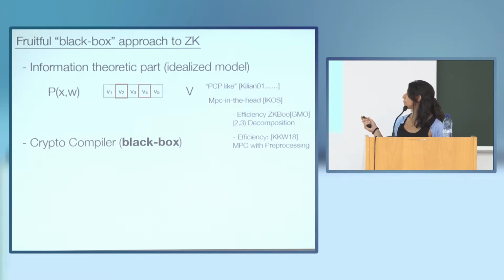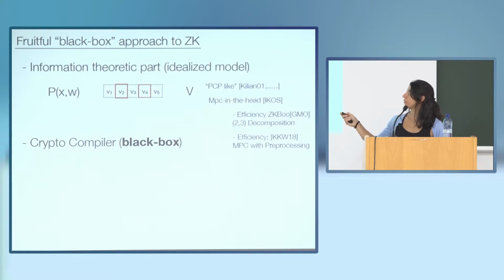And recently, for example, Katz, Kolesnikov, and Wang observed you can actually use an MPC with pre-processing, and this will make your proof even more efficient. So the point of this slide is to say that even though you start from this information theoretic setting, usually for theoretical purposes, it can lead to actual concrete improvements.